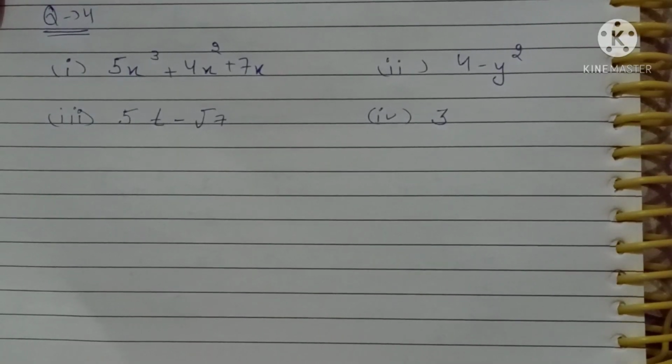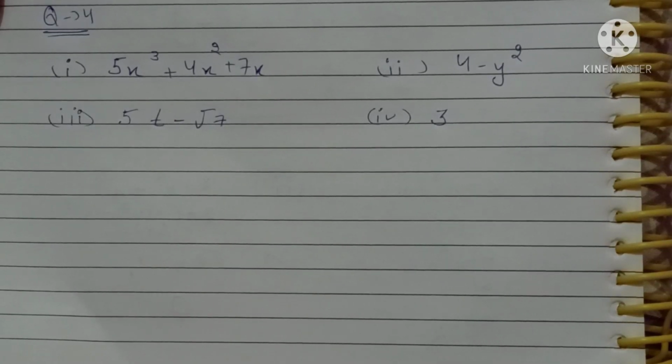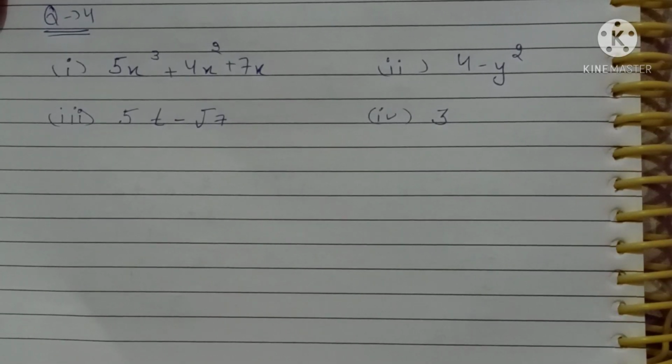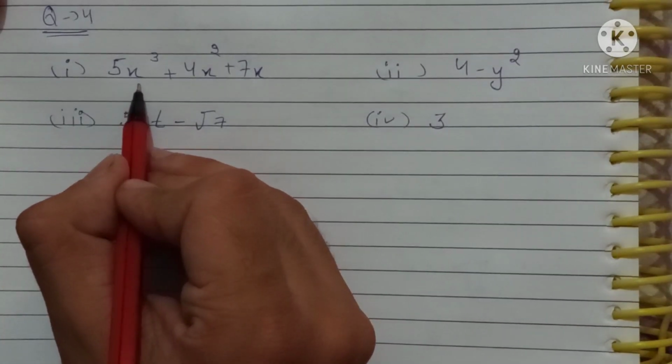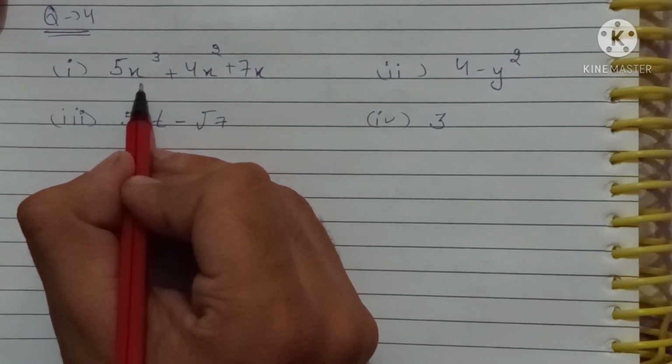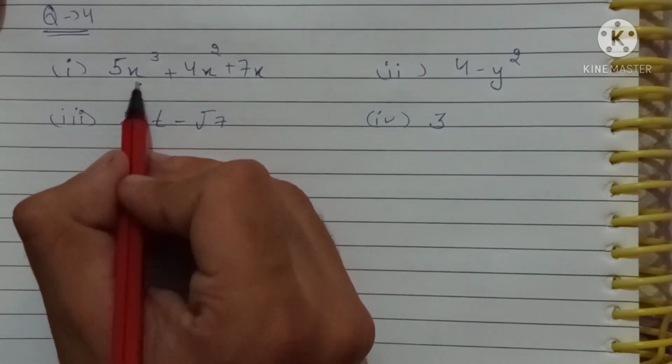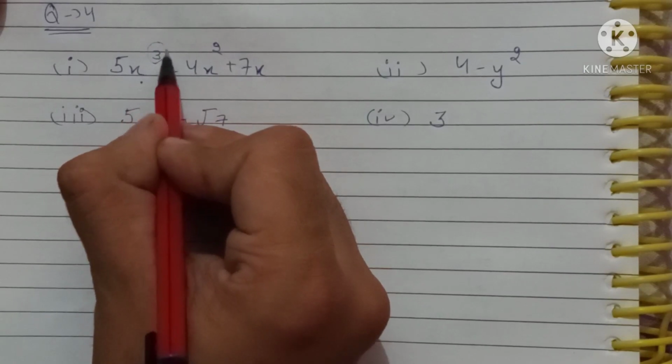In question number 4 you have been asked the degree of each of these polynomials. I have written 4 parts, right? Degree, you know, is the highest power of the variable. In the first polynomial the variable is x, right? And the highest power of x in this polynomial is 3, right?